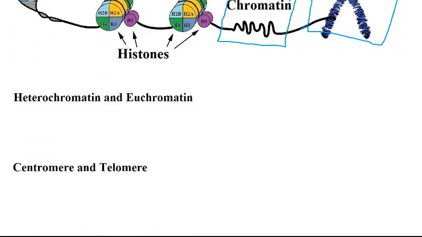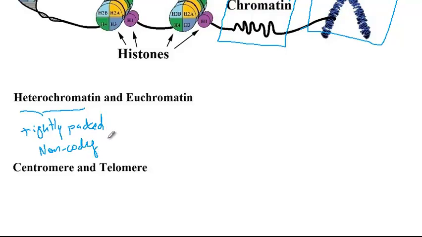Now, there are different terminologies I would like you to know, and those include, for instance, heterochromatin and euchromatin. So heterochromatin is tightly packed DNA, and it's a repetitive form. So this is tightly packed, and generally it contains non-coding DNA.